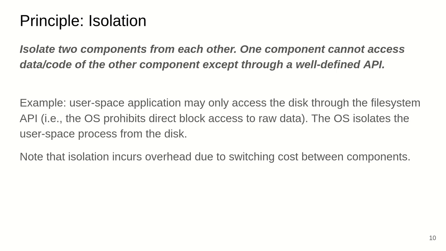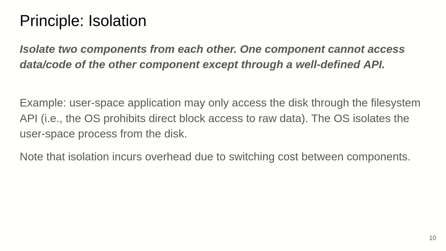Another example would be a user space application may only access the disk, the hard drive, through the file system API, which the operating system provides. You don't want the user space application to have raw block access to raw data on the disk, because otherwise an application could read arbitrary data from any arbitrary user.